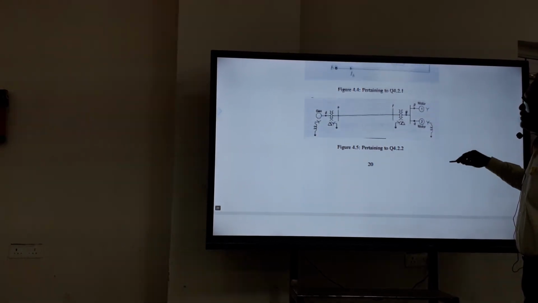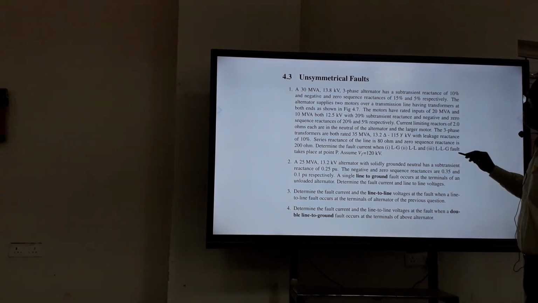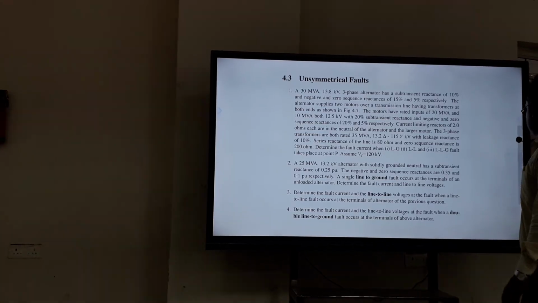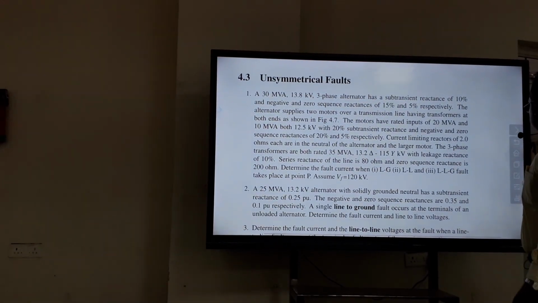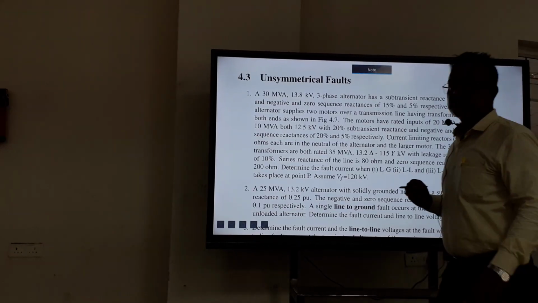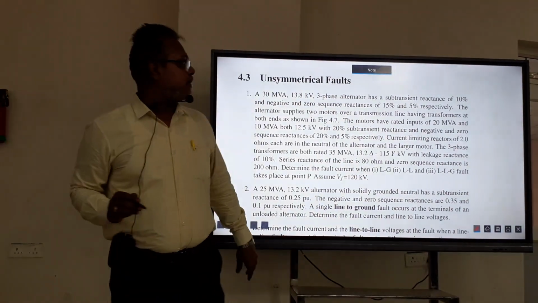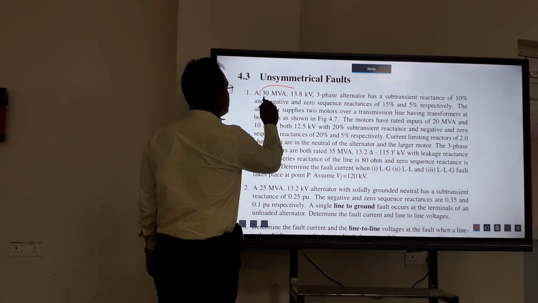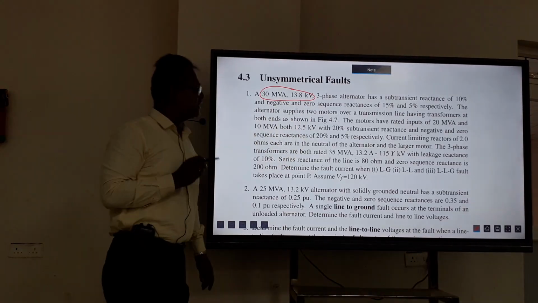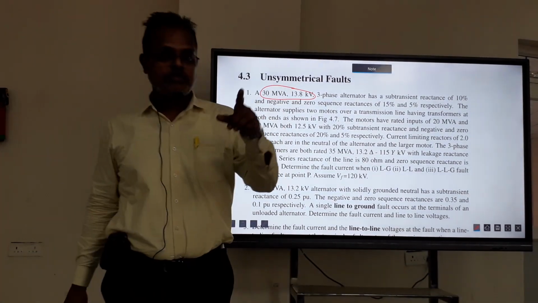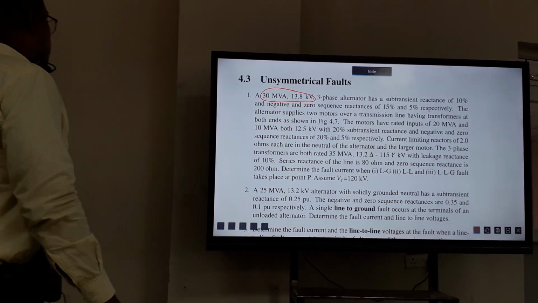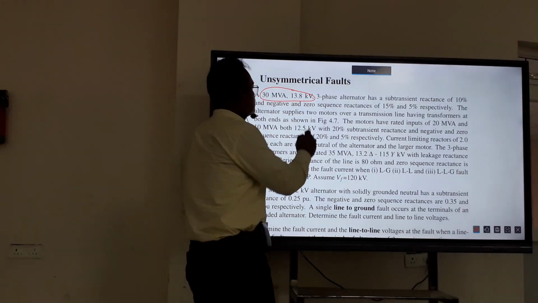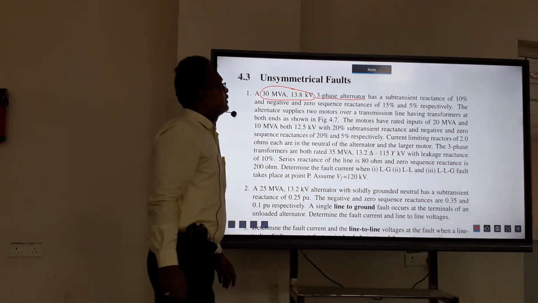So we will see the first problem only. Every textbook has some problem. Just mention the ratings: 30 MVA, 13.8 kV, 3-phase alternator.